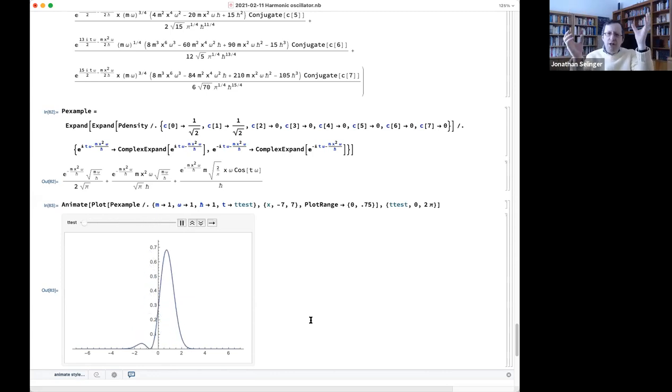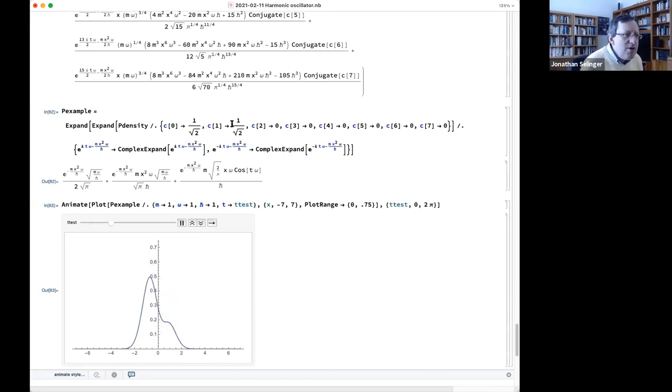It's sloshing back and forth periodically, like a harmonic oscillator, because it is a harmonic oscillator. It's very similar to the particle in a box. The difference is just that there aren't hard boundaries on the side, and so the probability becomes extremely small, but it doesn't actually go to 0 when you have large x.